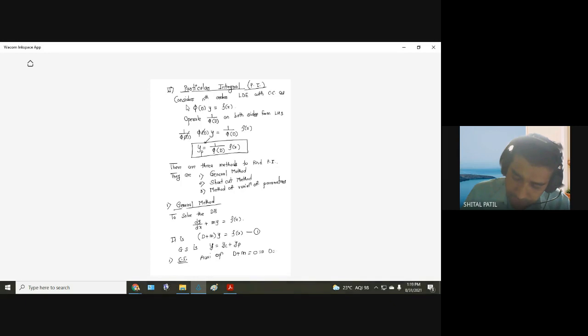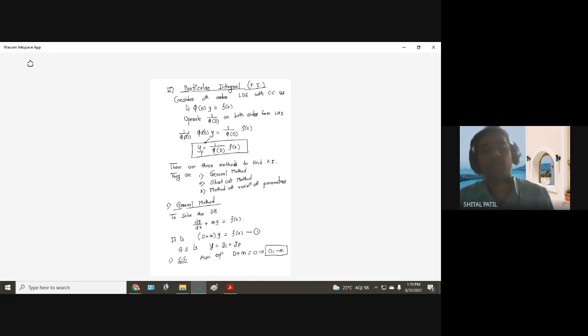That is D equal to minus m. We are considering that m is a real number. Okay, and therefore what is the y of c? y of c equal to c1 e raised to minus mx. Isn't it? This we know very well.